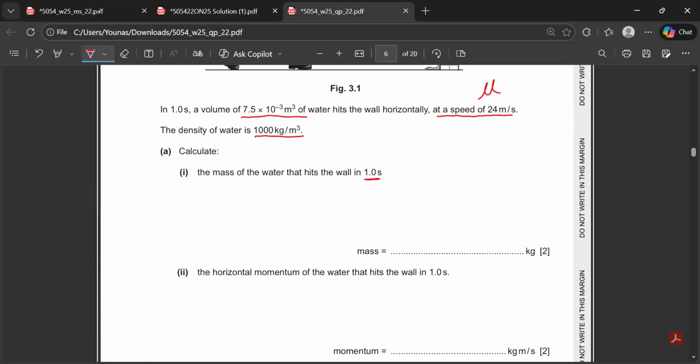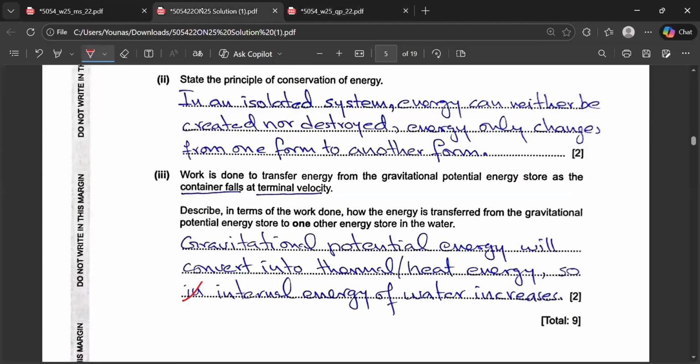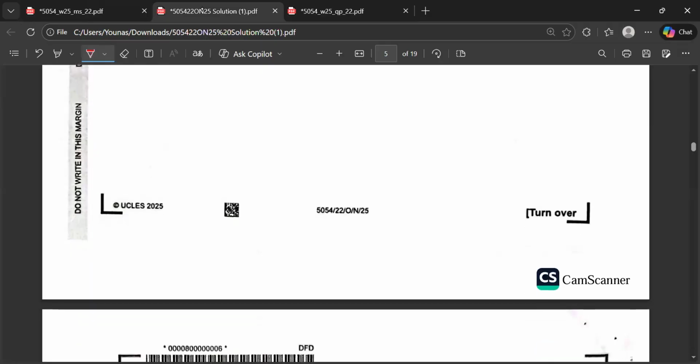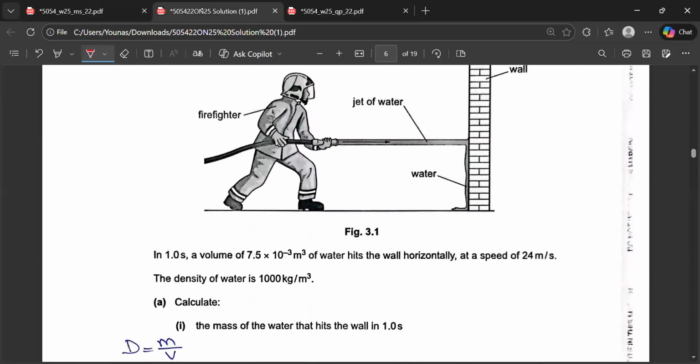You know the density is equal to mass divided by volume, so the mass is equal to density multiplied by volume. The density of the water is given here, and the volume of the water in 1 second is also given here. Just put those values in and you will be able to calculate the mass of the water which hits the wall. Let me show you my solution.